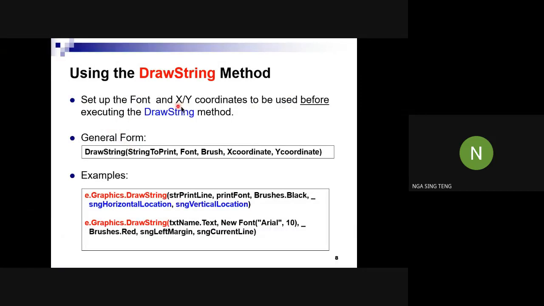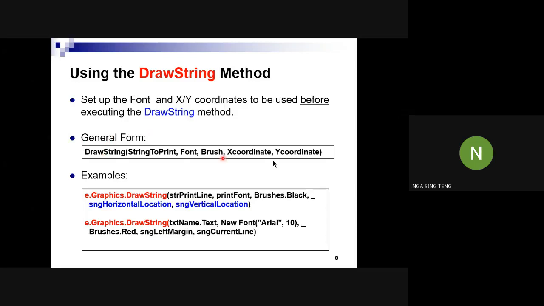Set up the font and the x and y coordinates before executing the DrawString method. You have to know the location where you want to print the particular text.